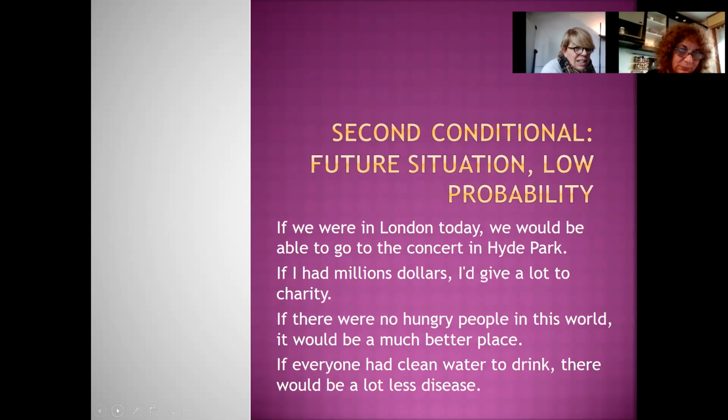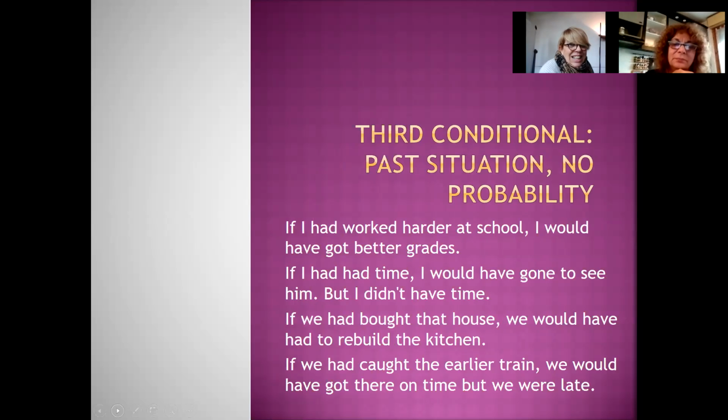And then we're getting into the regret conditional. That is the third one. Anna. Third conditional, past situation, no probability. If I had worked harder at school, I would have got better grades.